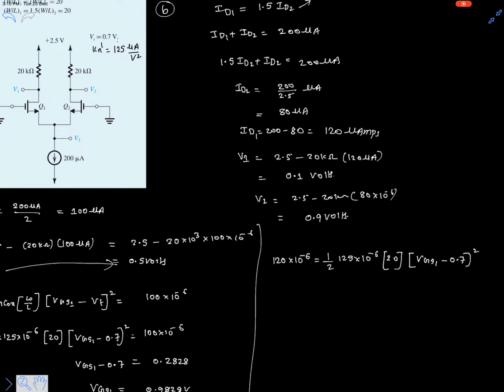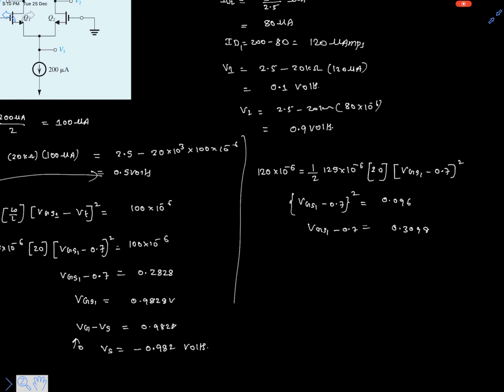Now let's use a calculator for this. 120 multiplied by 2, divided by 125 multiplied by 20. So VGS1 minus 0.7 whole square is 0.096.